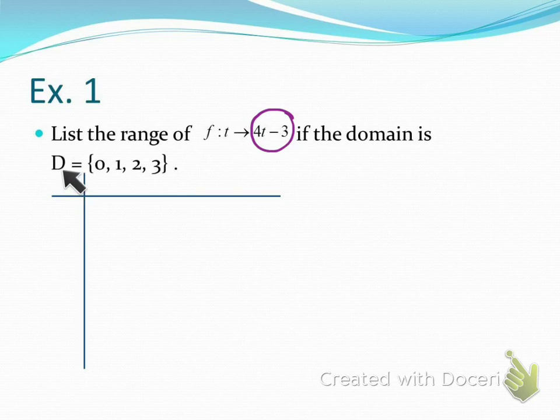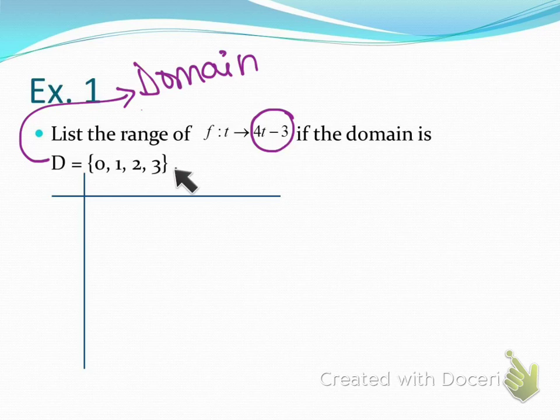They're listing the domain. That's what the capital D stands for, domain. So if you want to make yourself a note, that's our domain. The domain equals this set of numbers, 0, 1, 2, and 3. That's it. Those are the only things that we can plug in to the variable here. So these are what we'll plug into t.